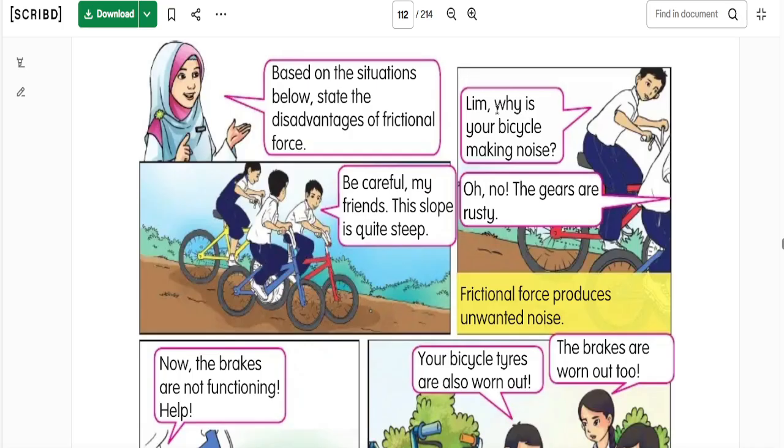Because you're making friction, because you're rubbing them together. Yeah, so that means frictional force produces heat. Exactly. And what else? It also produces unwanted noise.